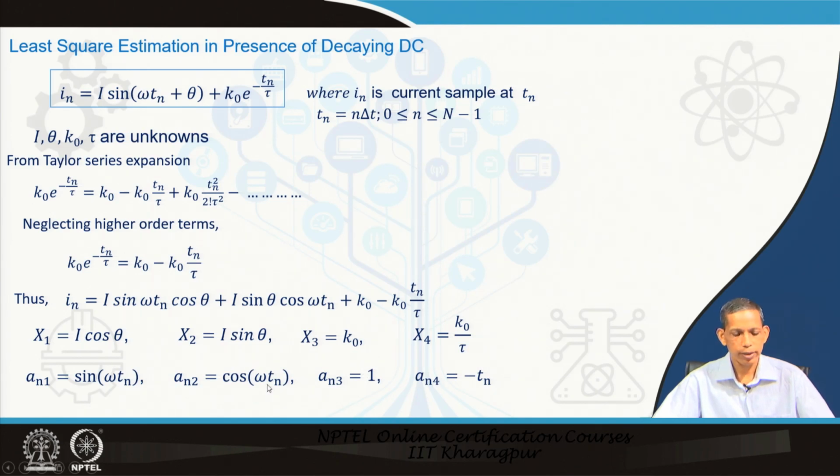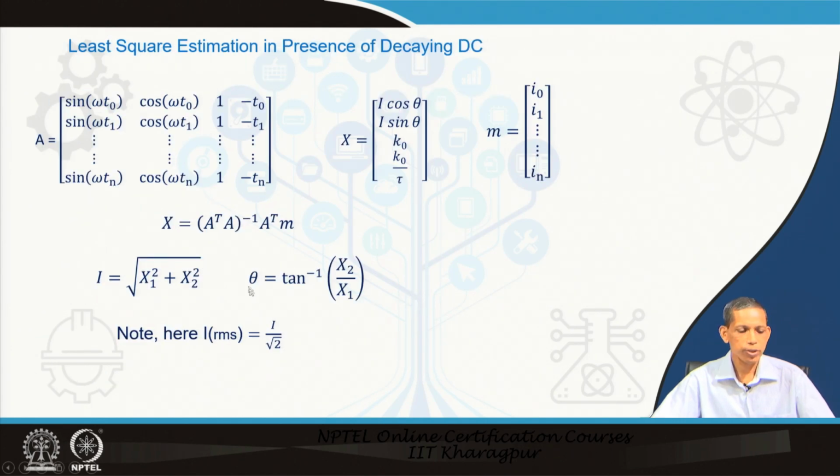So, if you multiply this A and the corresponding x, then we will be getting the signal. In that fashion, in this case we have considered four unknowns, 1, 2, 3 and 4, and we have four columns in the A matrix. If we take n from 0 to n, then multiplying A into x gives us I 0 to I n, the n plus 1 samples in the measurement process.